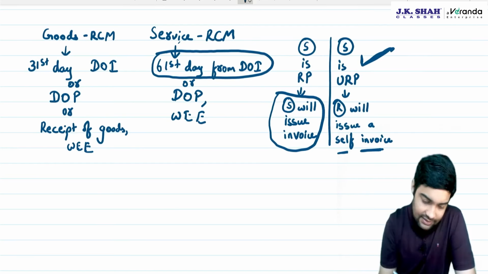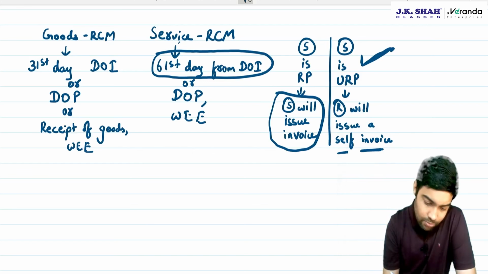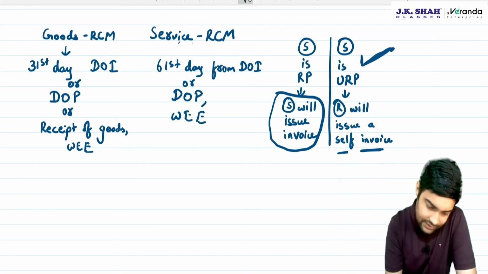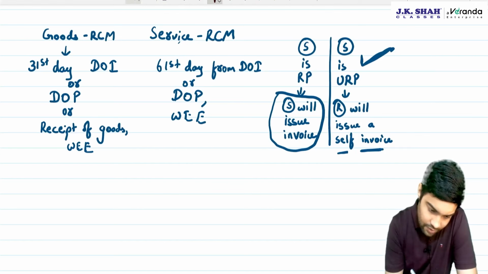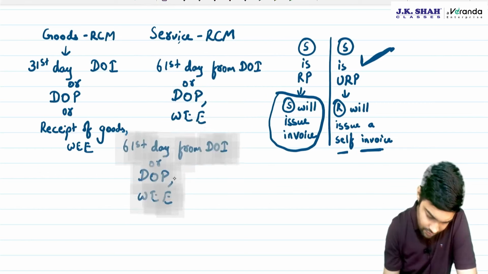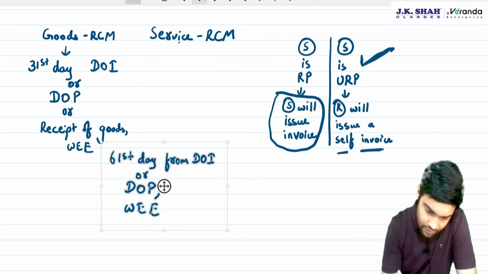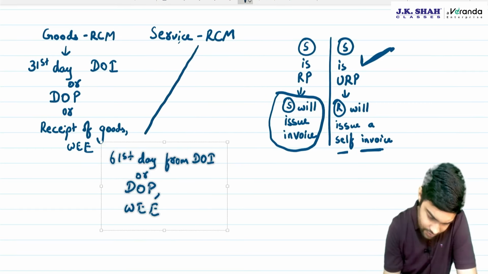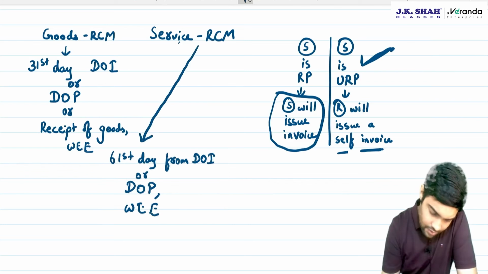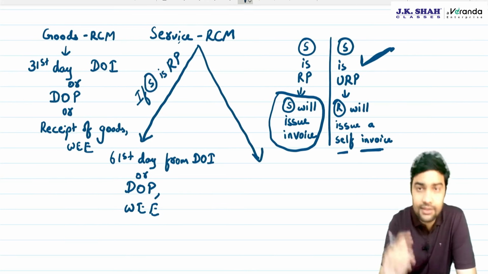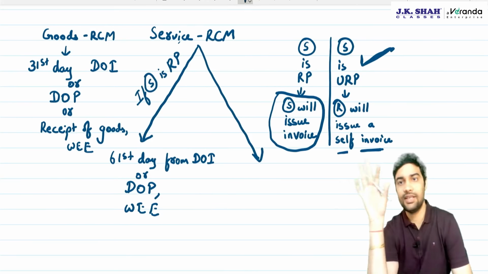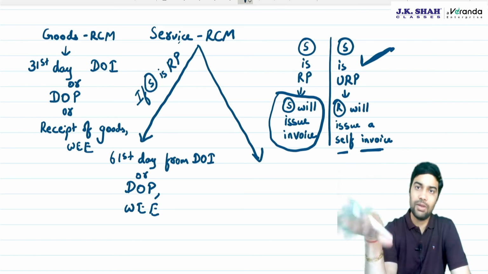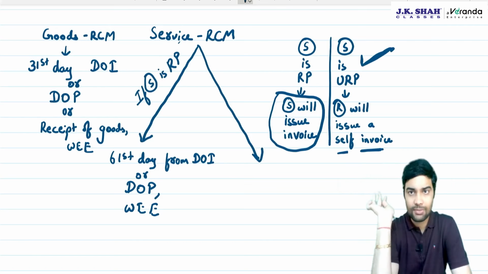Now, what they did is they made two bifurcations. They said first, if supplier is a registered person, then in that case, same: the 61st day from date of invoice or date of payment, whichever is earlier, same thing will apply.